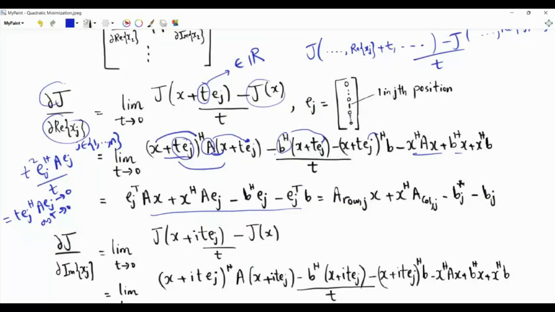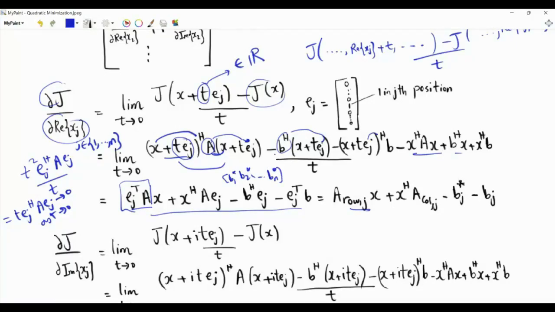Now, if we multiply A from the left by a row vector that has just 1 in the jth position and 0 elsewhere, basically the result of this multiplication is a row vector which is specifically the jth row of matrix A. Okay, and if we take b Hermitian e_j, so b Hermitian is this vector b1 conjugate, b2 conjugate, all the way to bn conjugate.